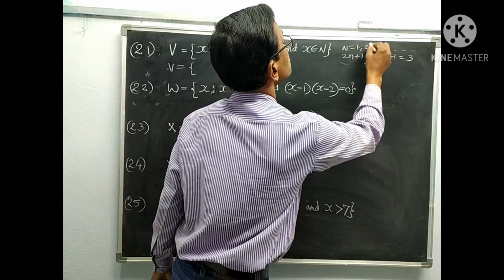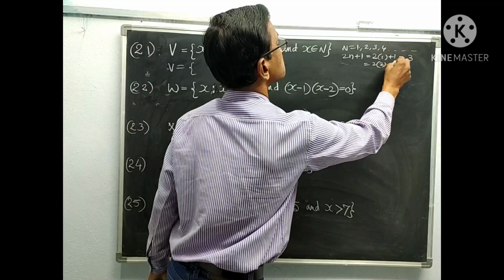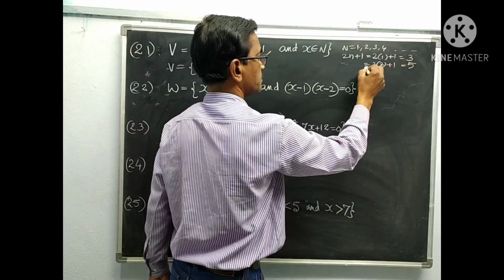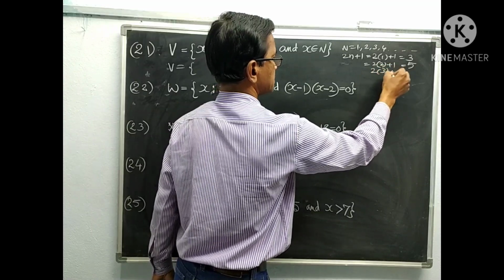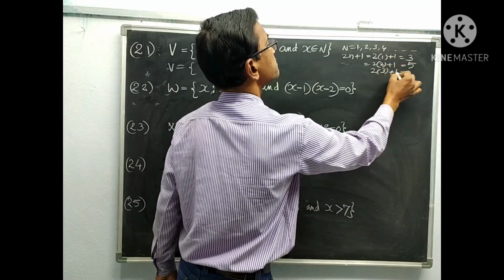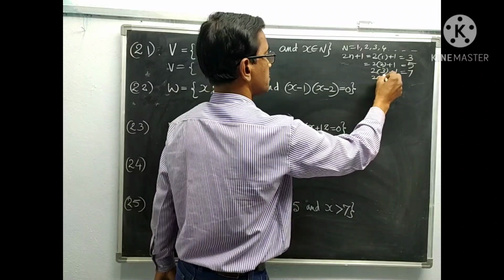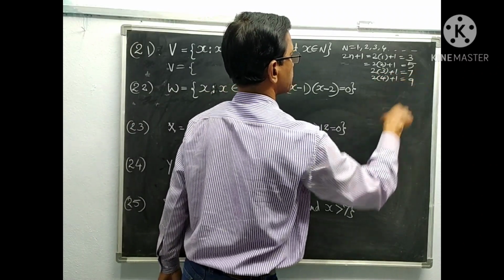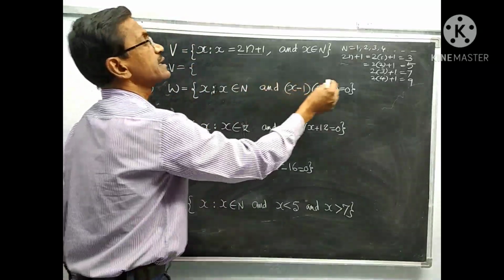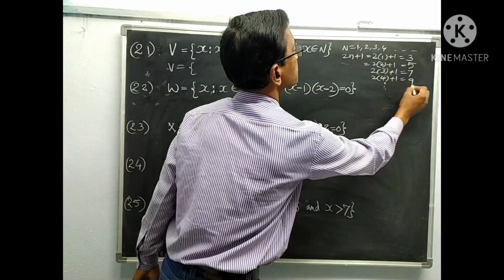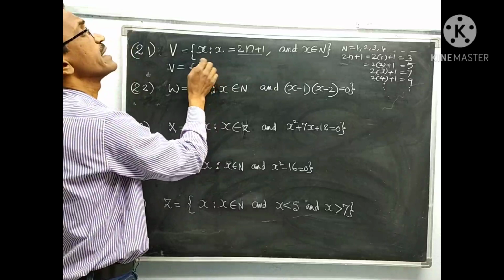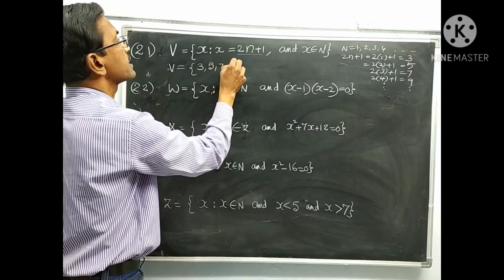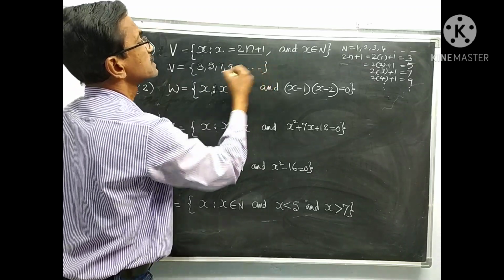If you write 2 in the place of n, 2 into 2 plus 1 is 5, 2 into 3 plus 1 is 7, 2 into 4 plus 1, 2 fours are 8, 8 plus 1 is 9. In this way, there are so many numbers. This is also an infinite set. So 3, 5, 7, 9 and so on.